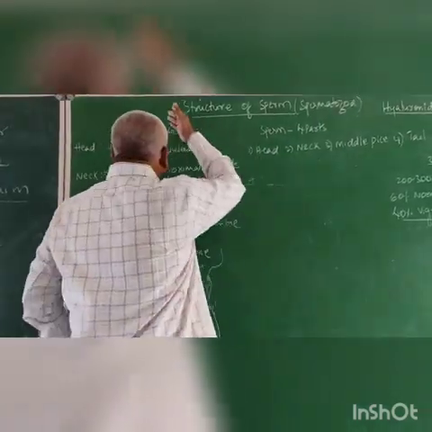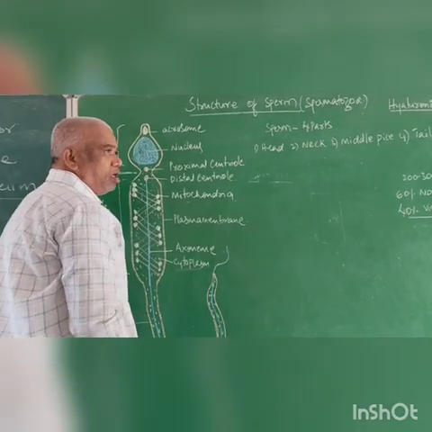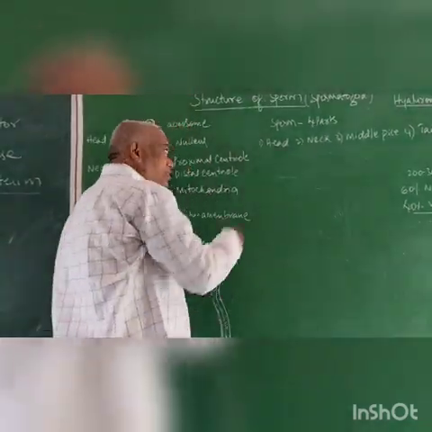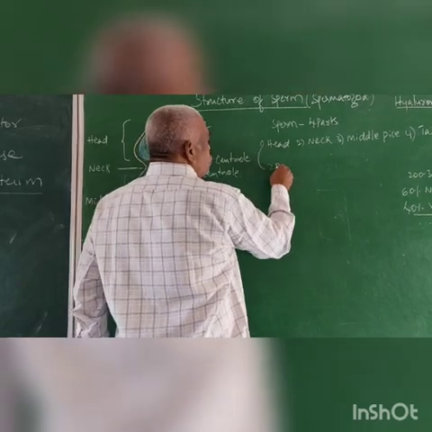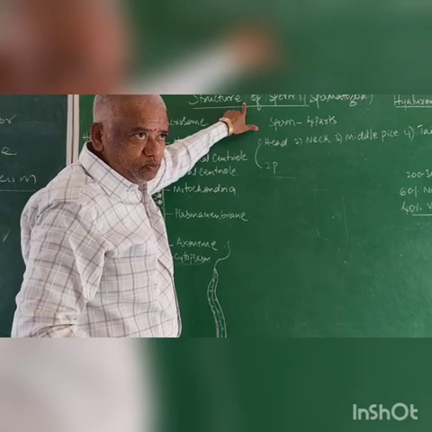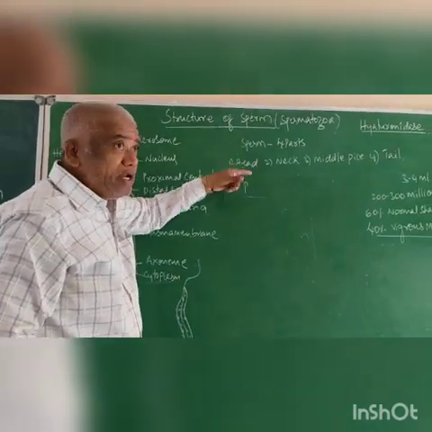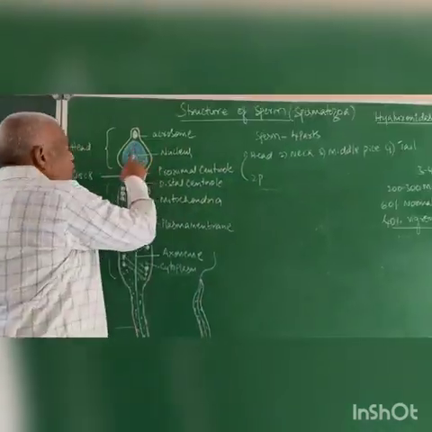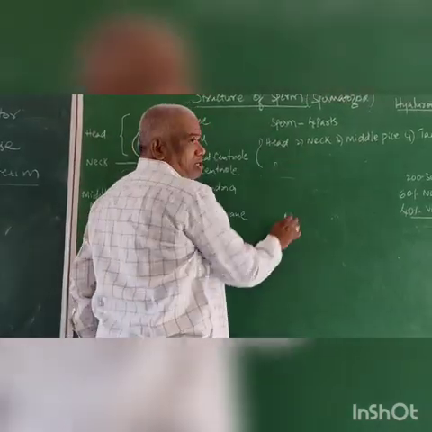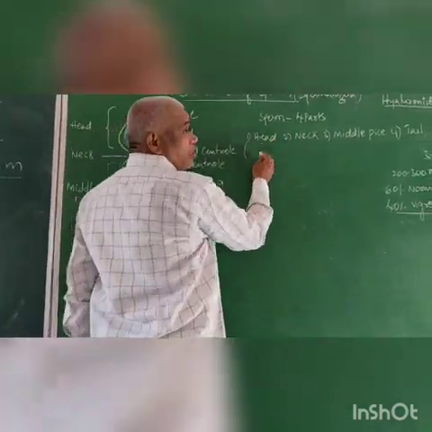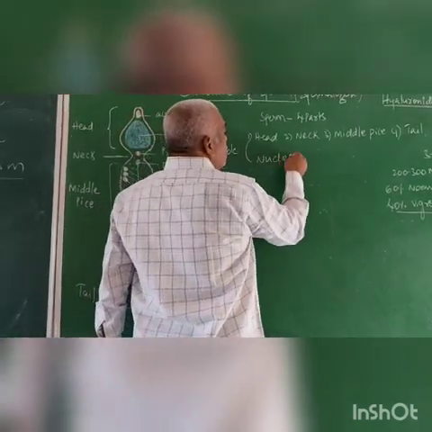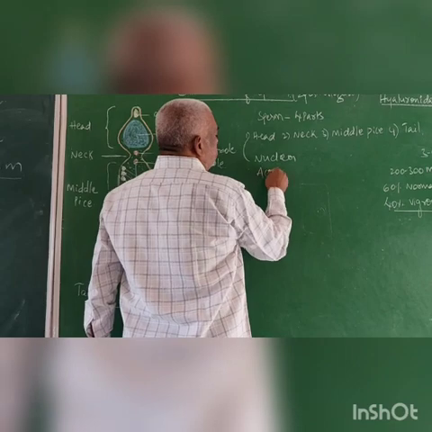The anterior part of the sperm is called the head. This head contains two parts. Just listen: the head is a part of the sperm, and it contains two major parts, the nucleus and the acrosome.